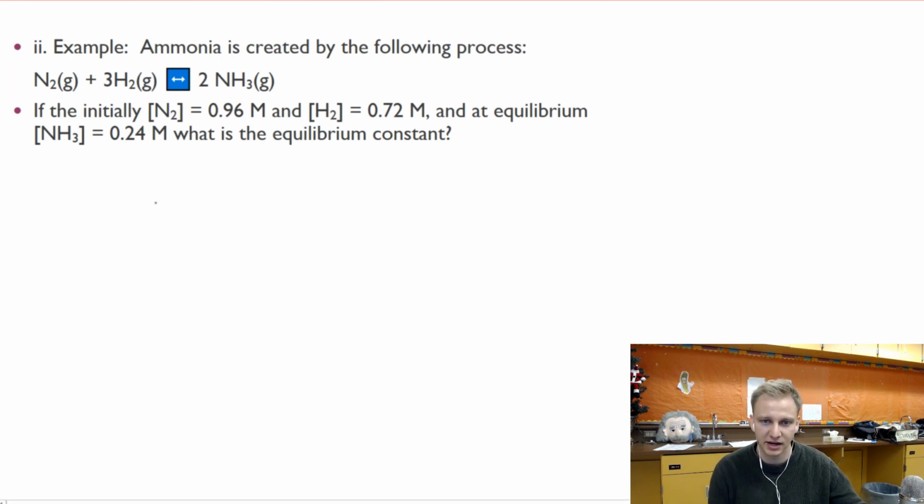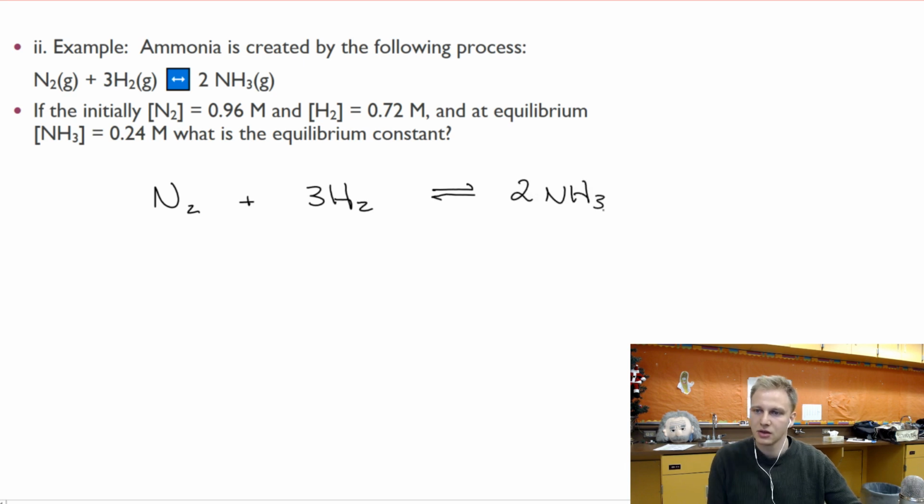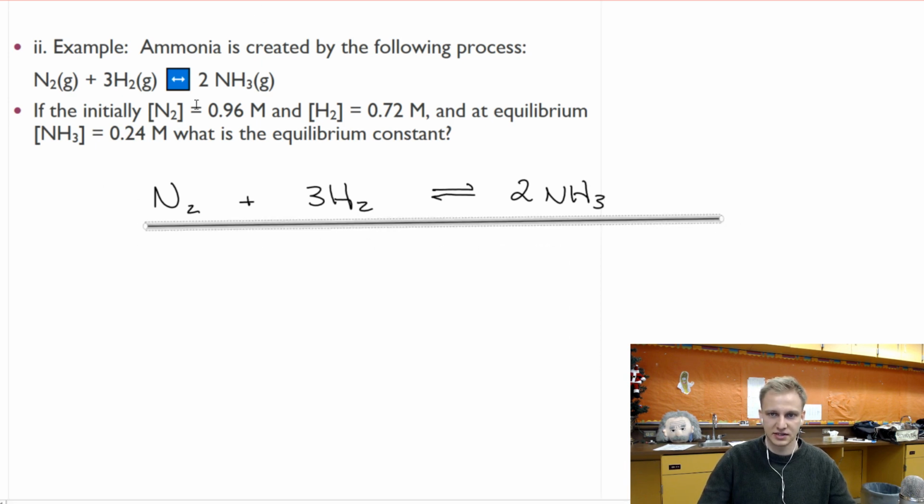And how I always set up my icebox is I always rewrite the actual expression itself, 2NH3. And then what I do after that is I start to fill in the actual icebox itself. And so I'm going to use actual lines here just to make this look a little bit neater for us.